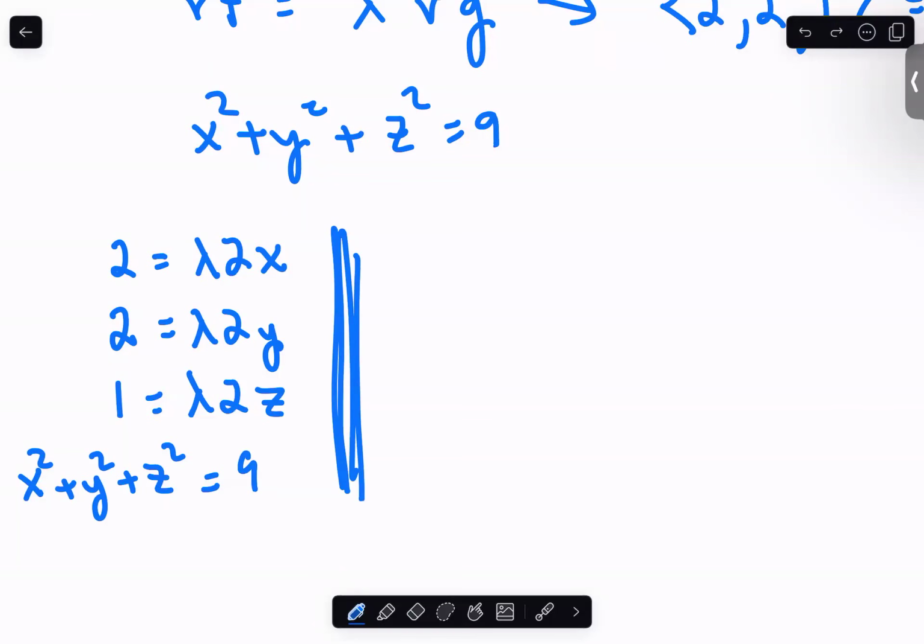In this case, I notice that I can pretty easily solve for x, for y, and for z. In the first case, I'd have x is equal to 1 divided by lambda. In my second case, I would have y is equal to 1 divided by lambda. And then finally, in my third case, I'd have that z is equal to 1 divided by 2 lambda.